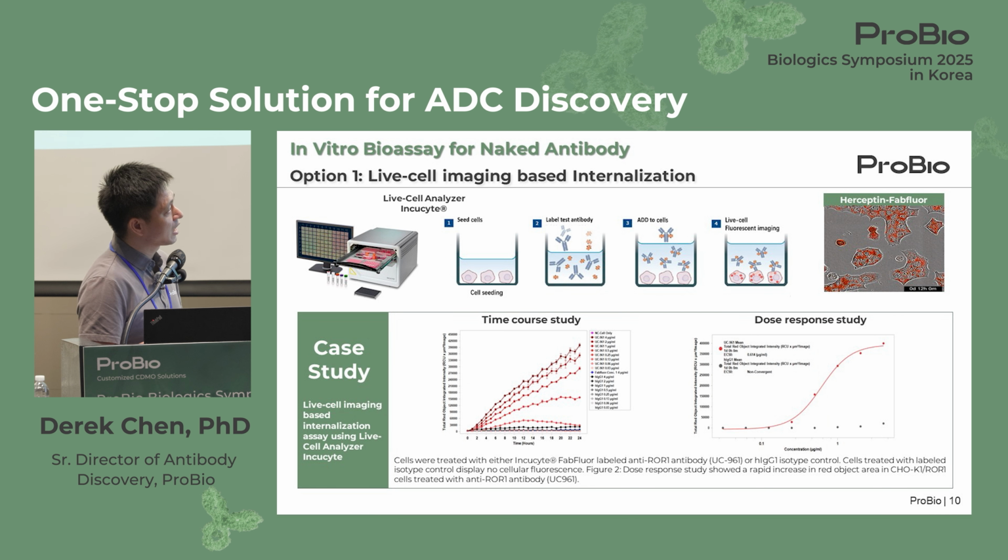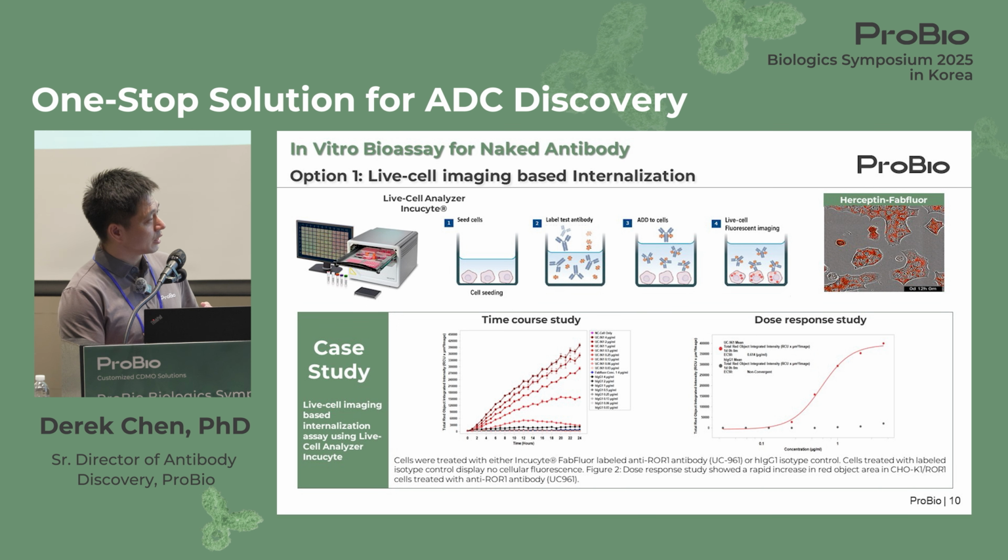First, the live cell imaging systems. This assay is achieved by a hardware called InCucyte. I believe some of you are already familiar with it. So the rationale of this hardware is to utilize a pH-sensitive fluorescence dye. When the antibody takes this dye into the cell, into the lysosome, the acidic conditions in the lysosome will trigger the fluorescence dye and make it start to glow.